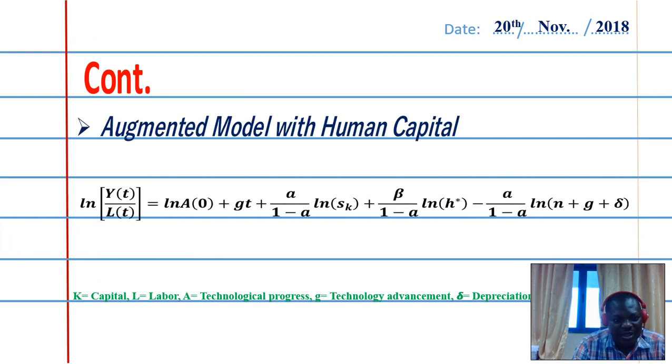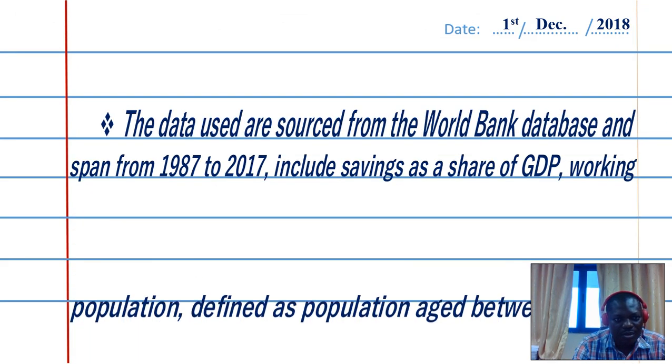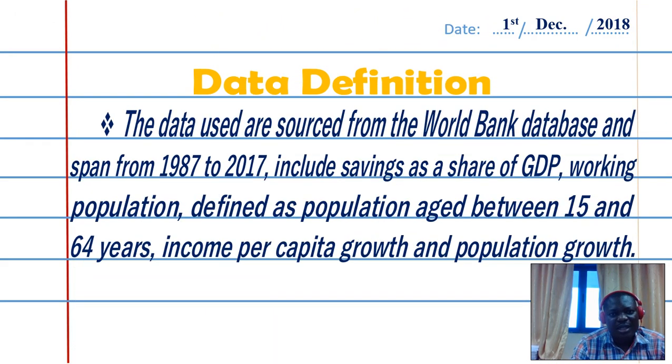So clearly, human capital is introduced in the augmented model. The data used is from the World Bank database from 1987 to 2017. Basically, we look at saving as a share of GDP, working population, which is defined as population aged between 15 and 64 years, income per capita growth, and population growth.